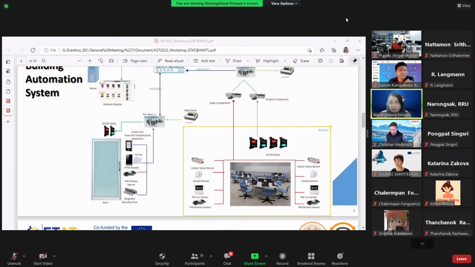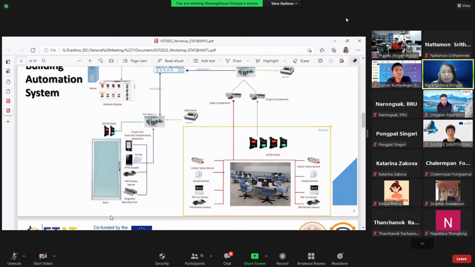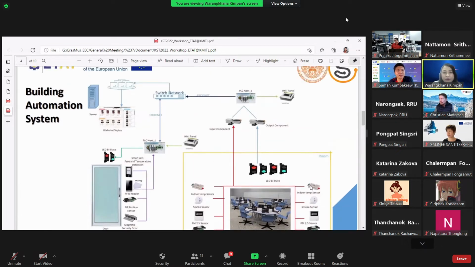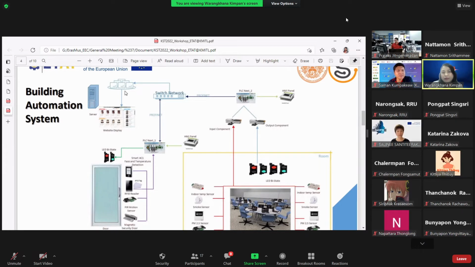With this system we can use many kinds of sensors or additional equipment, and if there's an abnormal situation, the alarm light will be turned on and the data will be sent to the cloud server, and we can use those data for further analytics. So this is the first one.